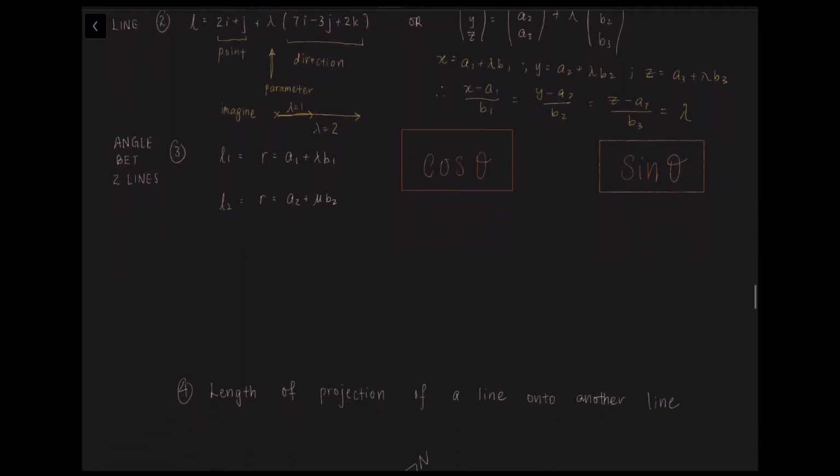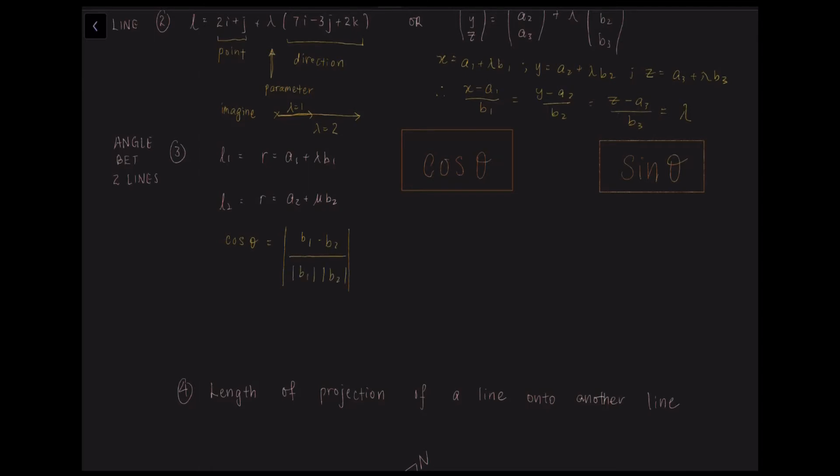Now, let us look at how to find the angle between two lines. So consider the lines L1 and L2 with the following equations. The angle between the two lines is simply the acute angle between the vectors representing their respective directions. This definition applies whether or not the lines actually intersect.